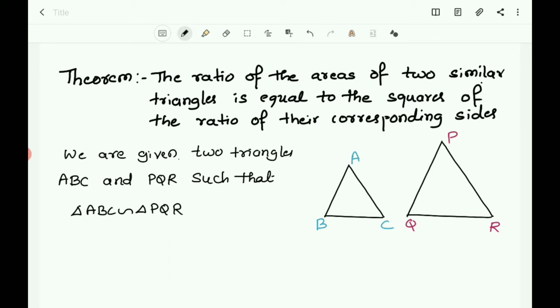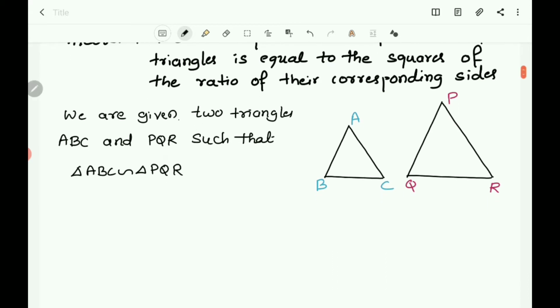We need to prove that their areas are in the ratio of the squares of the corresponding sides.